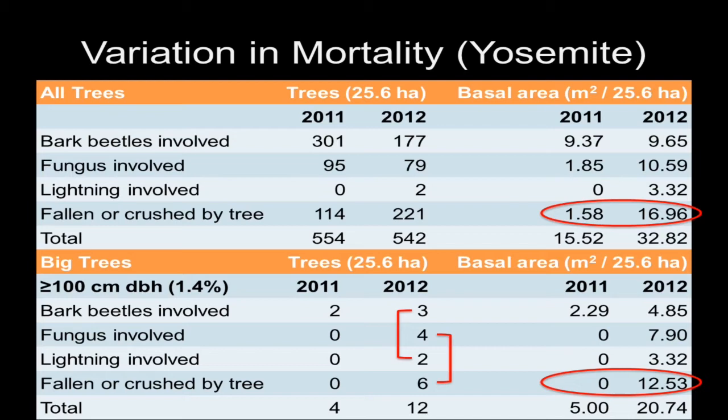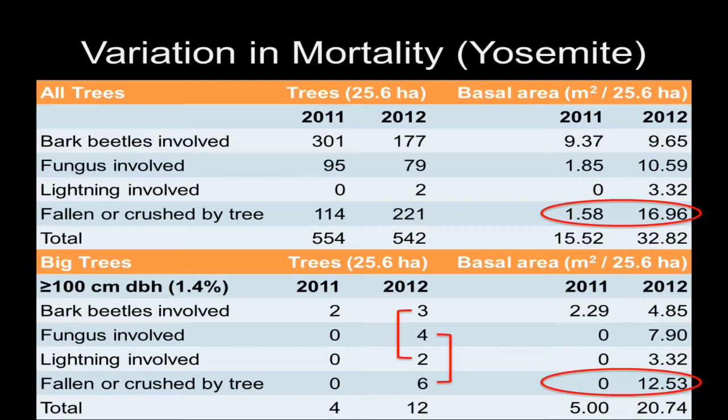But now if you look at the bottom half of the chart, that shows just the big trees. Just 4 mortalities in 2011, and 12 mortalities in 2012. But if you look at the basal area and the proportion of the total that's comprised by the big trees, almost all the change in basal area is driven by the mortality of the big trees, and furthermore, the differences from year to year are driven by those differences.